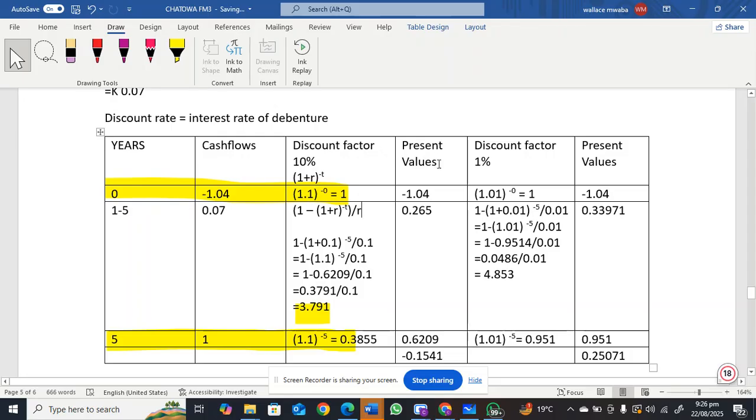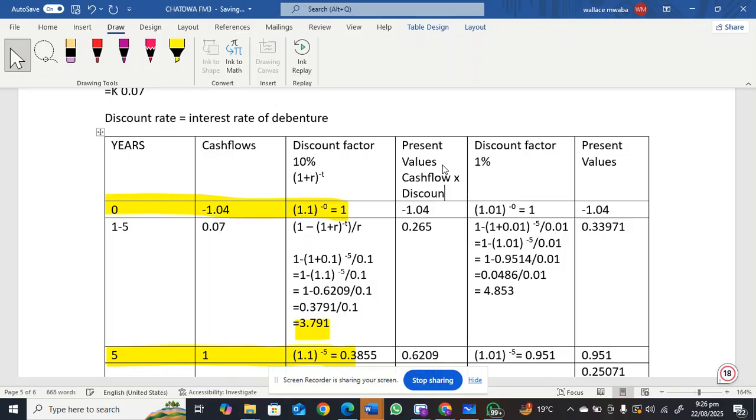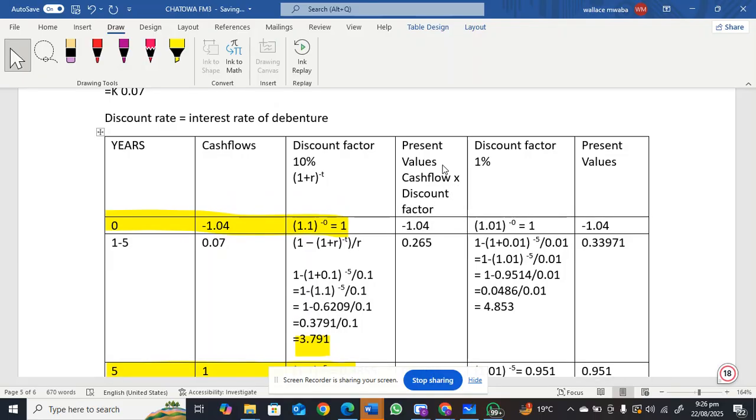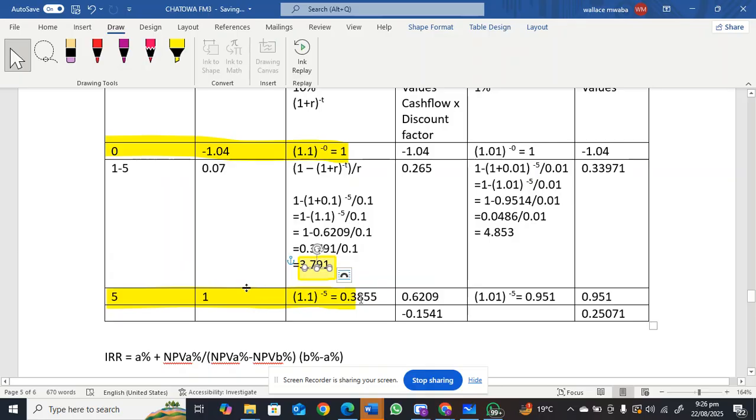So to get your present value, it's your cash flow multiplied by the discount factor. Here, negative 1.04 times 1, negative 1.04. 0.07 times 3.791 gives 0.265. 1 times 0.3855 gives 0.3855.